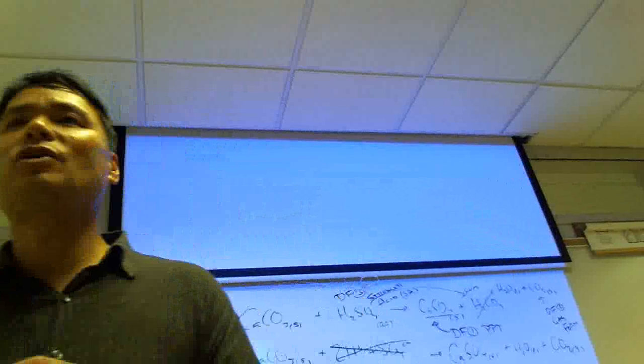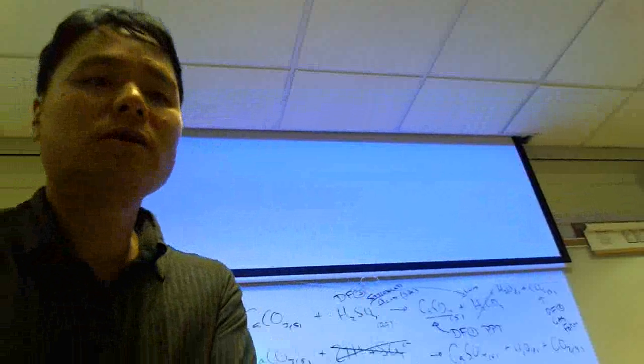And 3, it doesn't have to be strong, it just has to be stronger. So it could still be a weak acid to weak acid as long as it's going from stronger to weaker. So we'll go stronger acid, SA, to weaker acid, WA. That would be another driving force. So in this case we have all three driving forces, but really we only need how many driving forces? Only one is required.